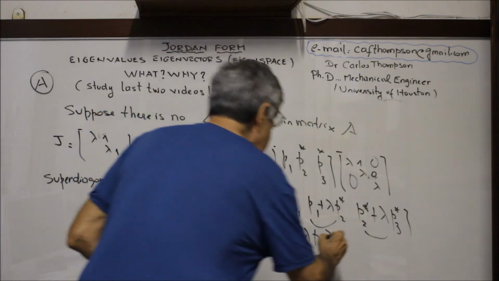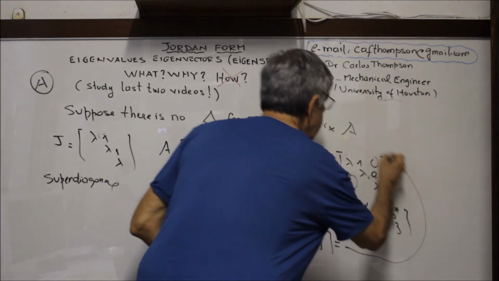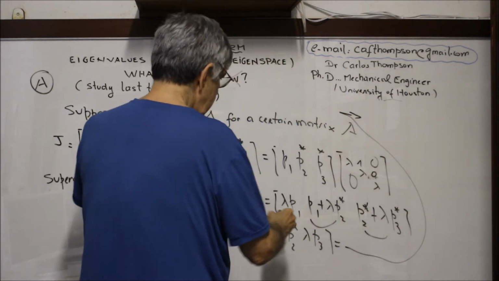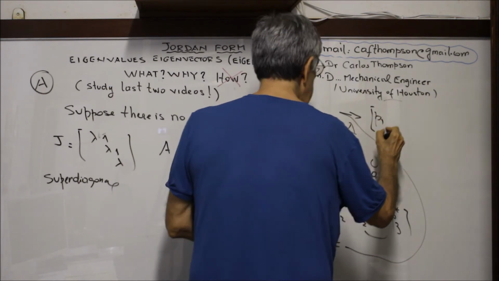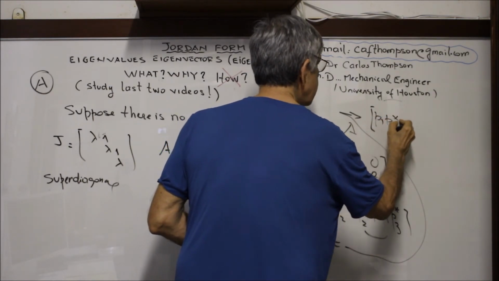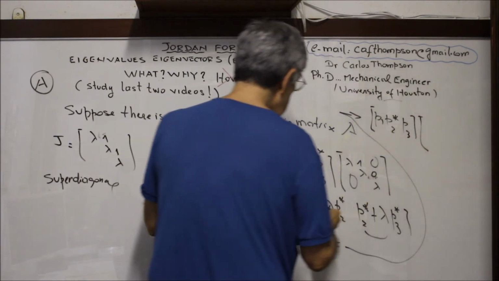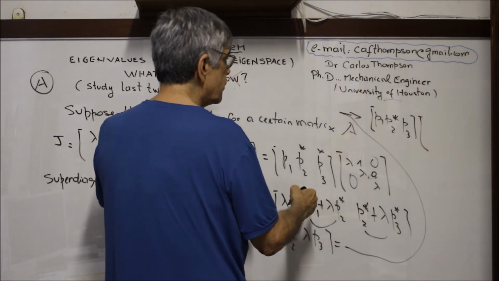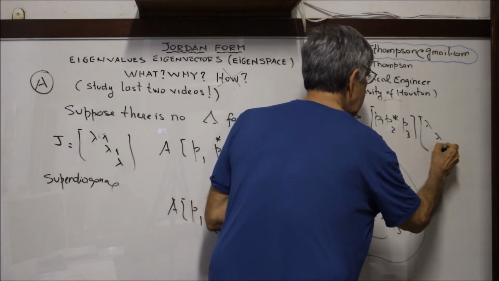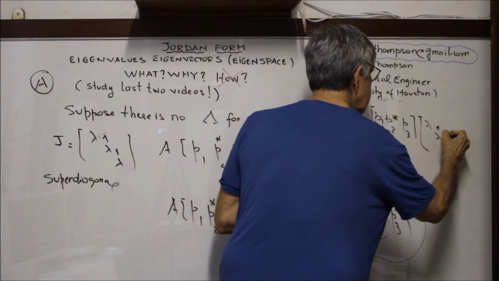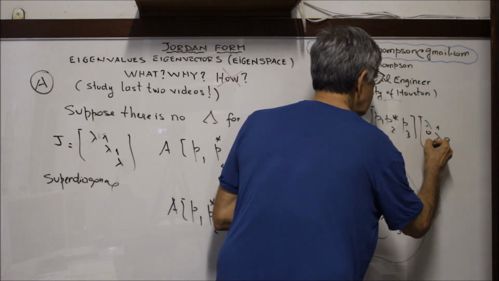Now, I can write P1, P2 asterisk, and P3, and here I will have what? In this case, I have lambda, and 1 here. This is 0, 0, 0, 0.